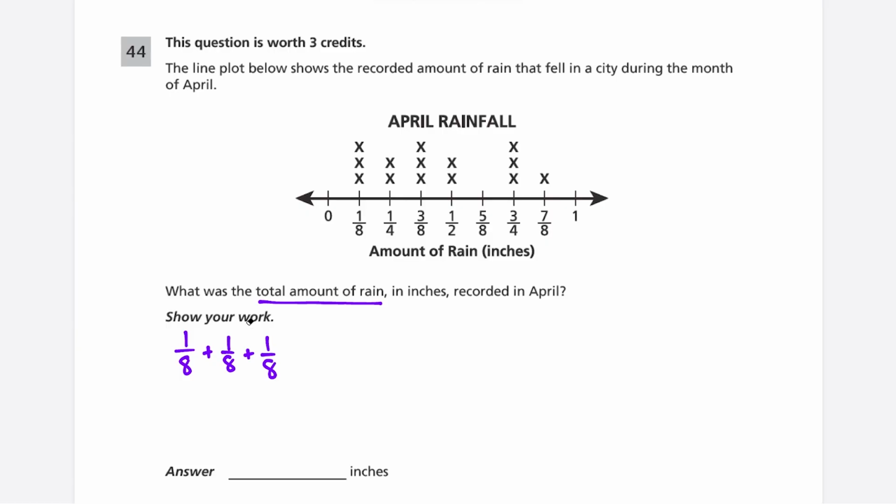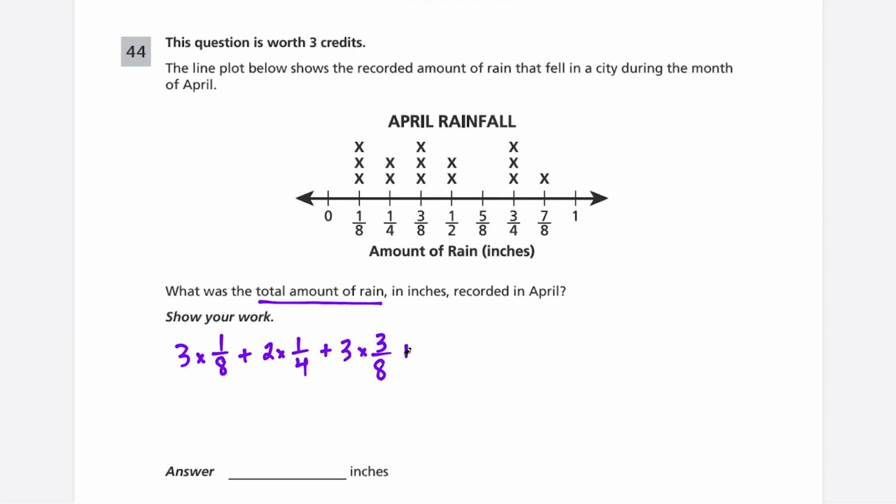If you would rather not do repeated addition, one thing you could do is use multiplication. You could say that 1/8 shows up 3 times. So I have 3 times 1/8. And then I also have plus 2 times 1/4. And then next we have 3 times 3/8. Okay, so plus 3 times 3/8. I'm only doing this so I don't have to write out a crazy long sum.